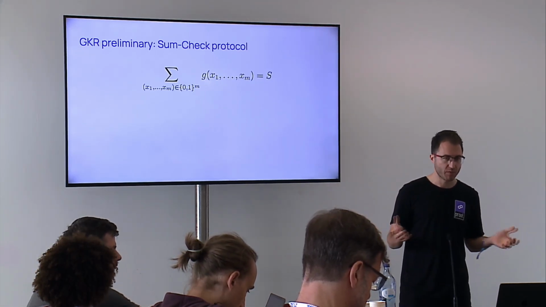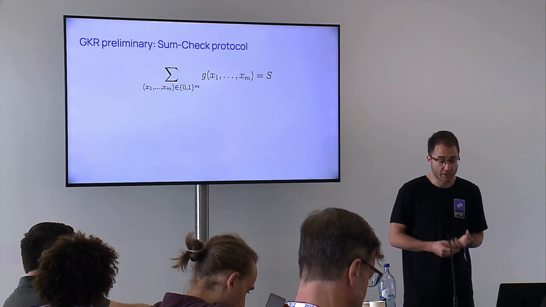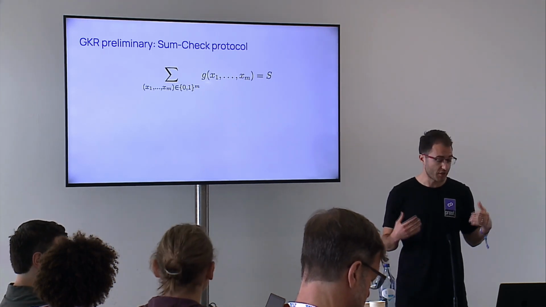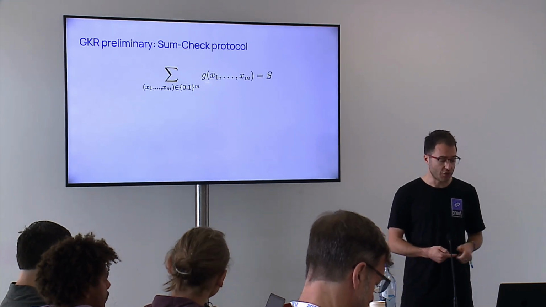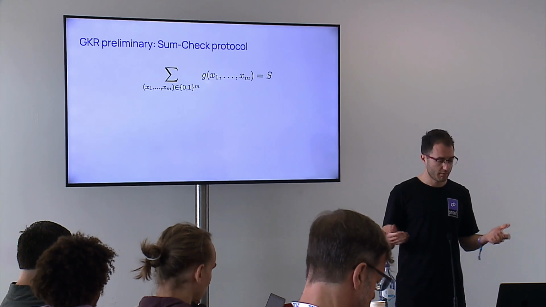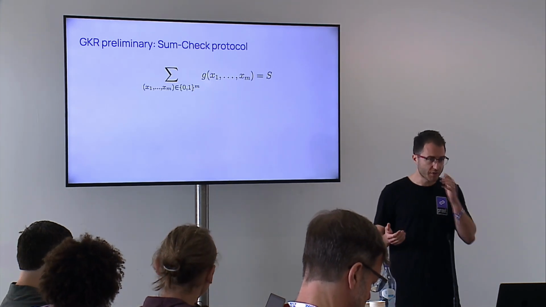So what is sum check? I won't go into all the details. All that's really important for this presentation is, first, it's multivariate. So G is over M variables.